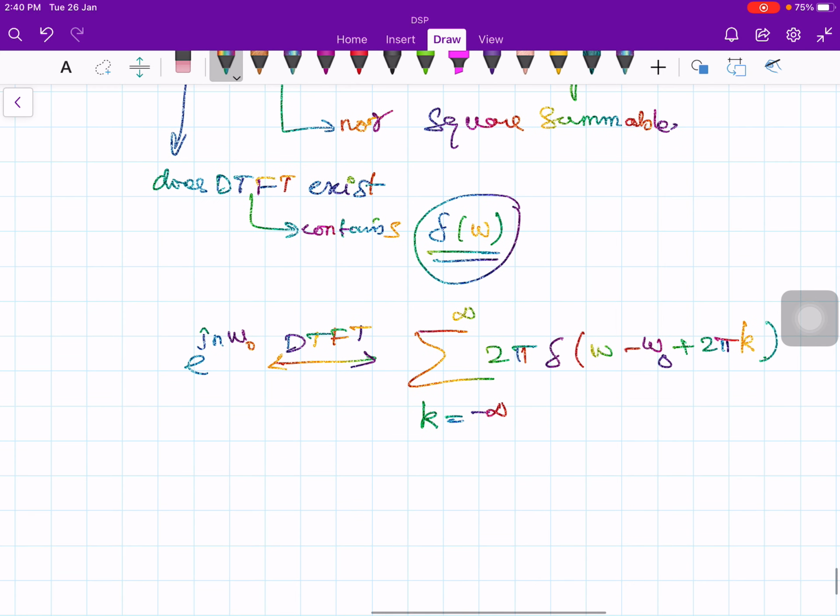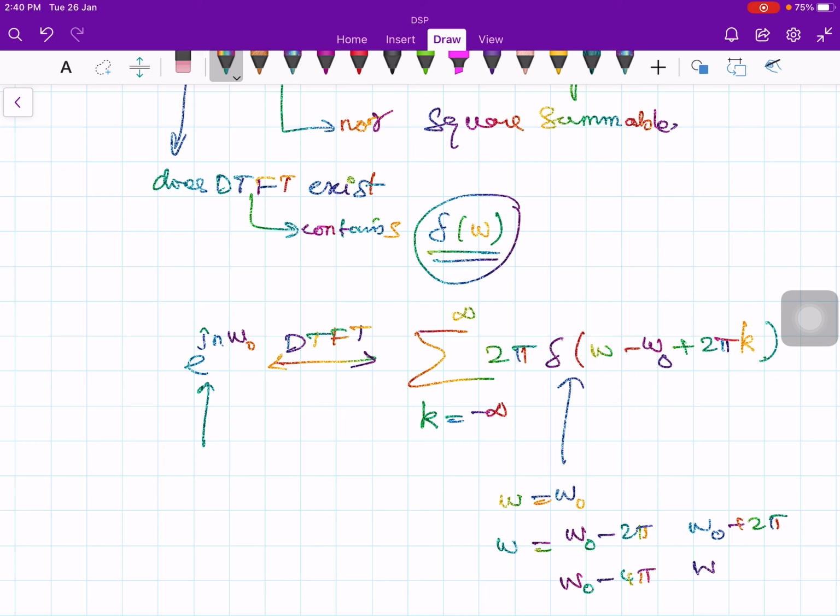Okay, so the discrete time Fourier transform of e to the j n omega naught contains a chain of delta functions. The delta function at omega equal to omega naught, and at omega equal to omega naught minus 2 pi, omega naught plus 2 pi, omega naught minus 4 pi, omega naught plus 4 pi, and so on and so forth.